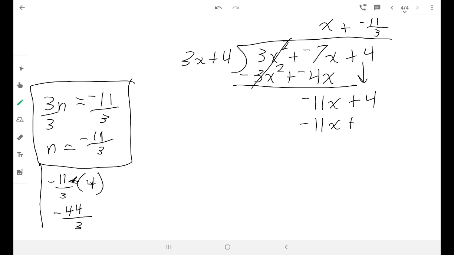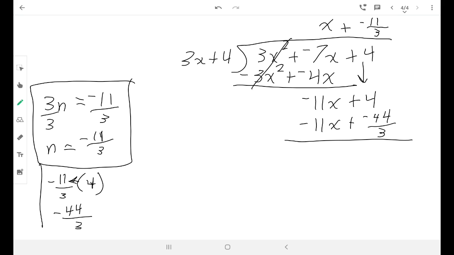What is that as a decimal? We're going to do a whole other episode on It's Stupid and I Hate It, where I talk about not using decimals when it's not necessary. But so here we go. We got negative 44 over 3.